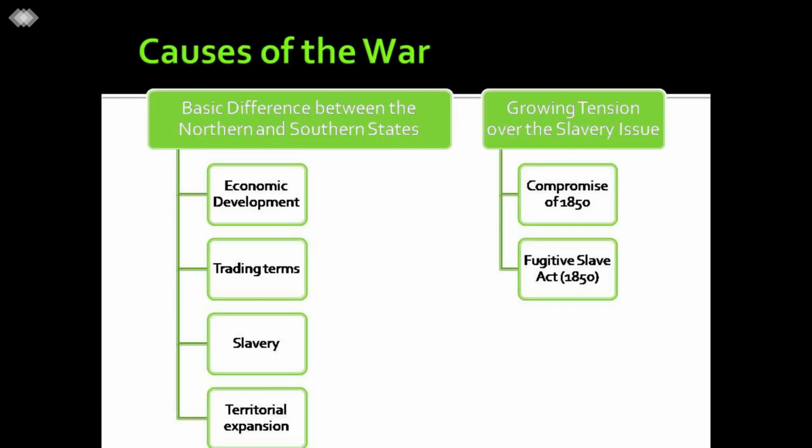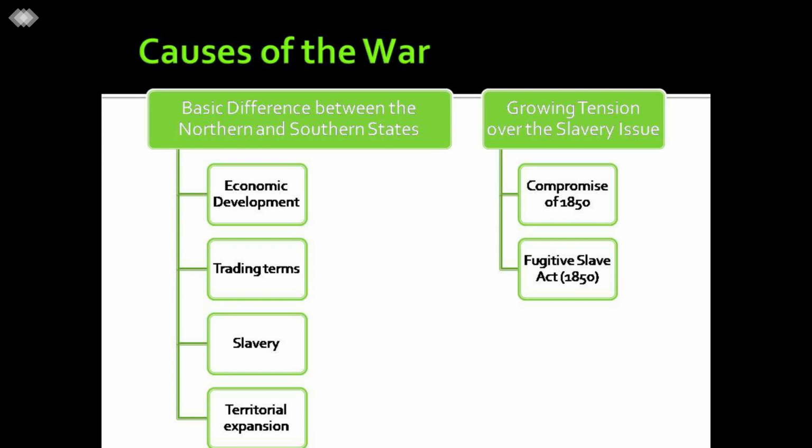So, my dear students, let's understand the causes of the war through this hierarchy. First, basic difference between the northern and southern states, which includes economic development, trading terms, slavery, and territorial expansion.